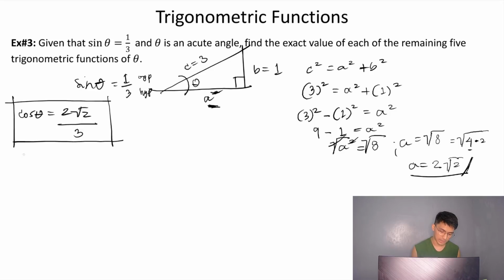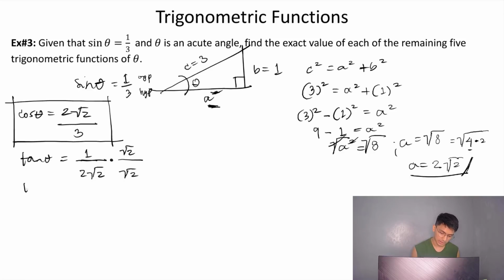For tangent theta, we have opposite over adjacent. Opposite na 1 over 2 square root of 2. Again, we have radical in the denominator, so therefore, we need to rationalize the denominator. Multiply the numerator and the denominator by square root of 2.